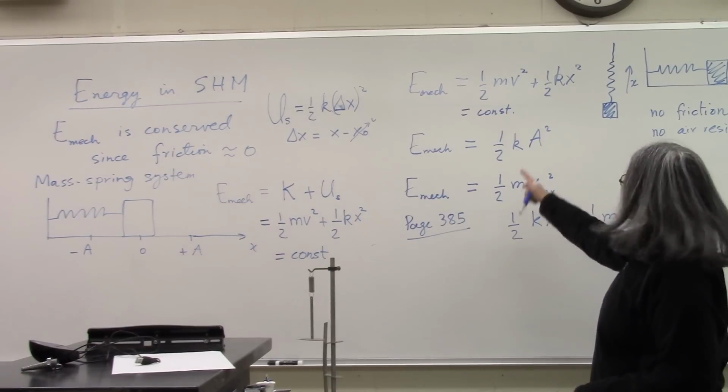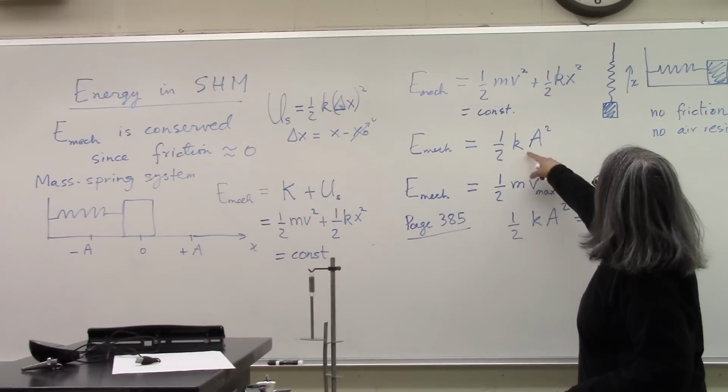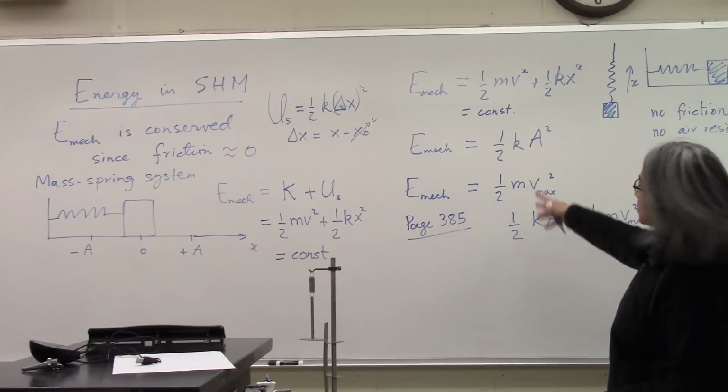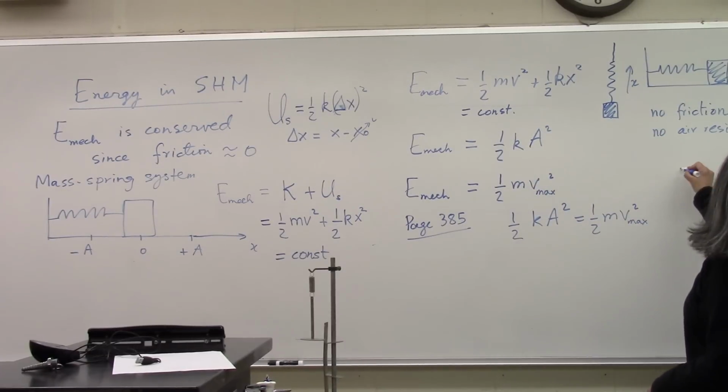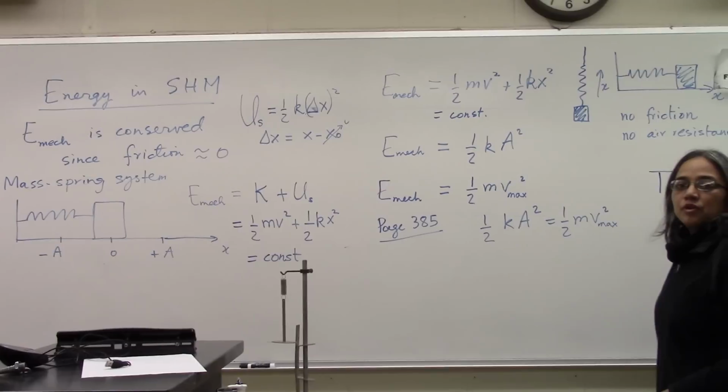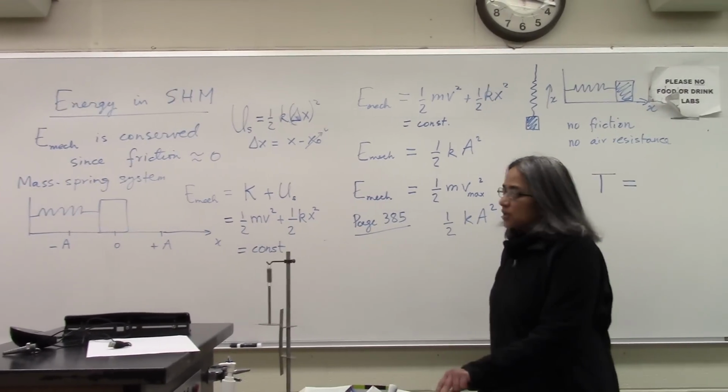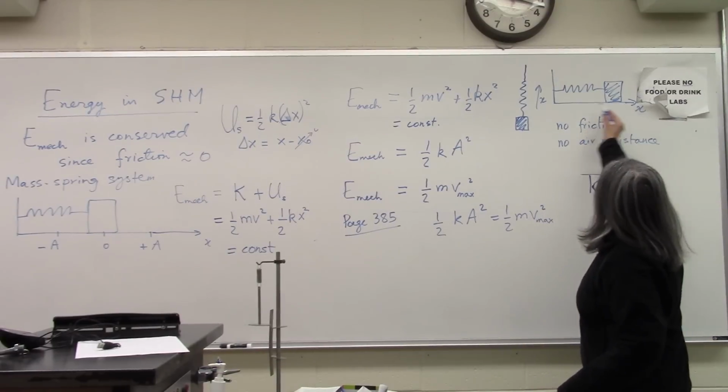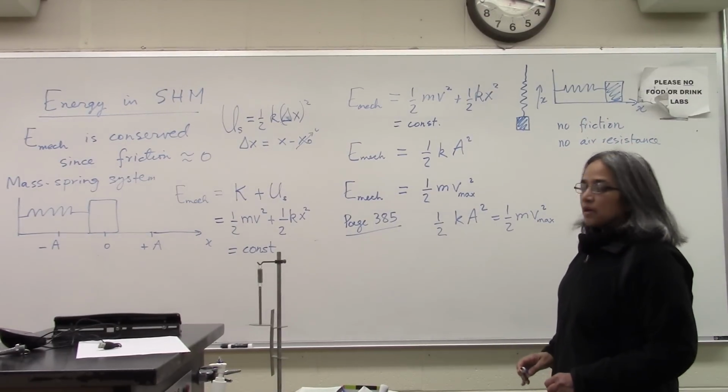So here's the final result. If we realize that these two energies are equal because energy is conserved, we equate them, and the final result gives us information about the period of oscillation. In other words, the time taken for one complete cycle of oscillation.